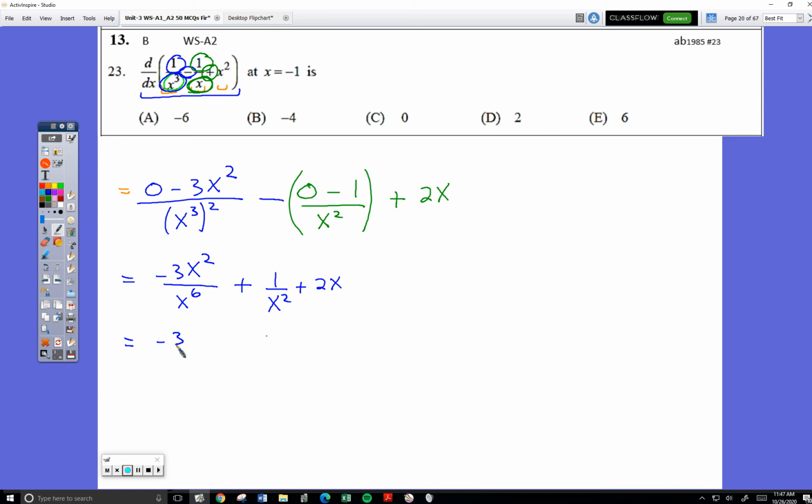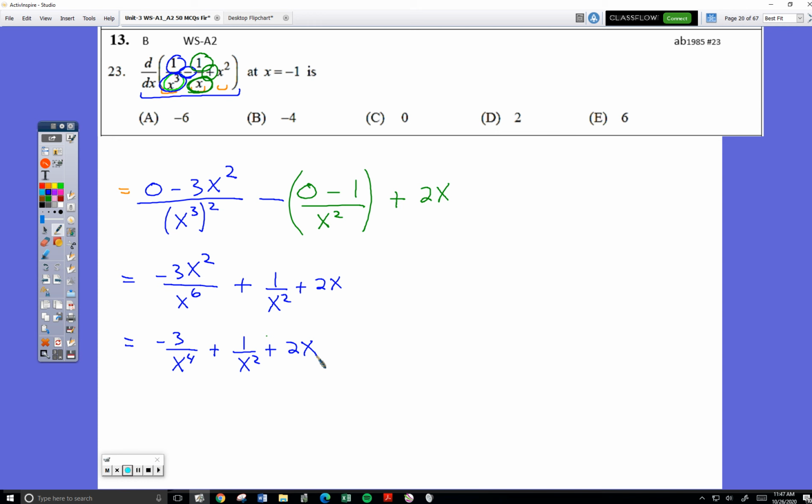We get negative 3 over x to the 4th plus 1 over x squared plus 2x. Question?